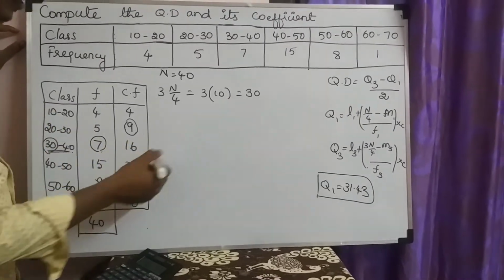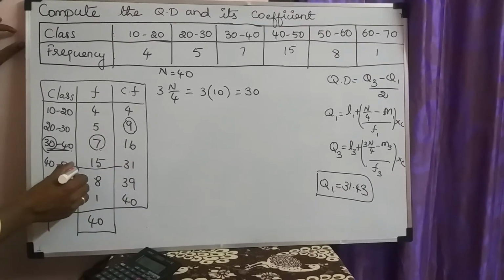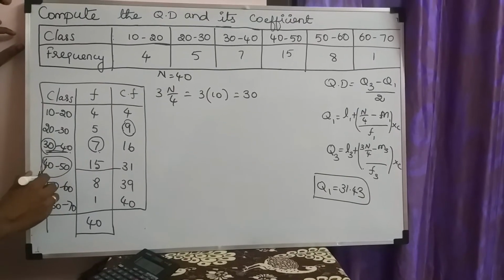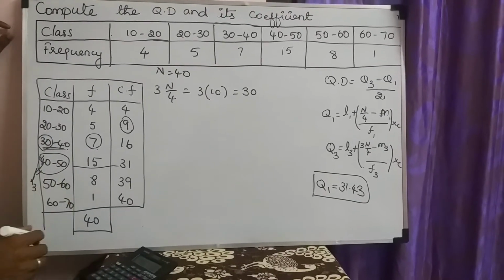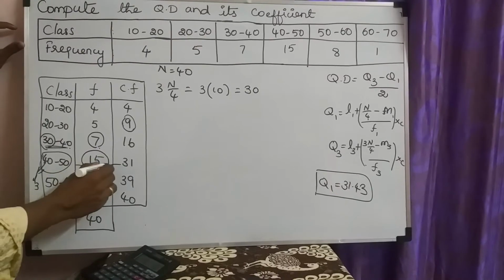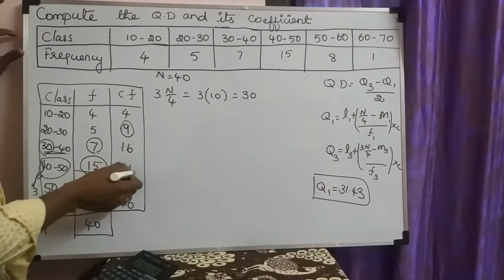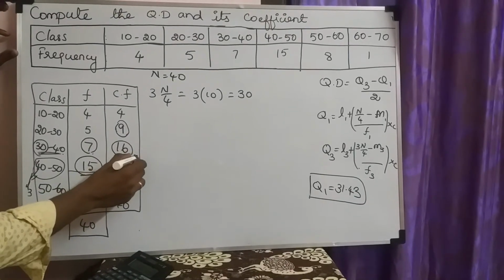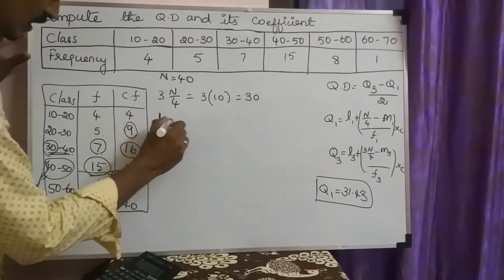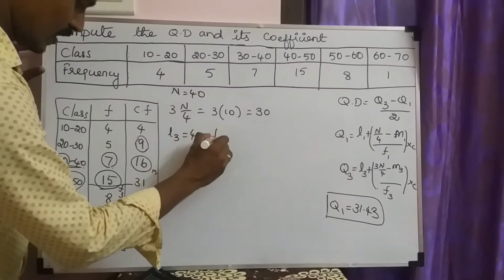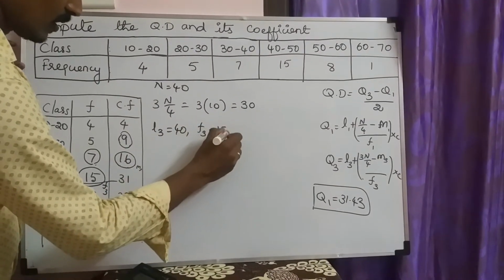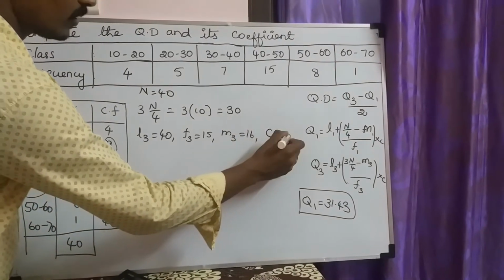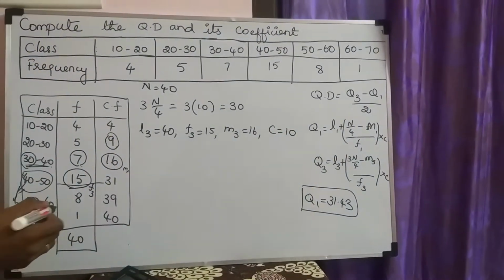The next highest value after 30 is 31, whose corresponding class is 40 to 50. In this, the lower limit is 40. So this is assigned L3. The corresponding frequency is assigned F3. The previous cumulative frequency of 31 is 16, so this is M3. So now L3 is 40, F3 is 15 and M3 is 16. C is the same, the width of the class is 10.